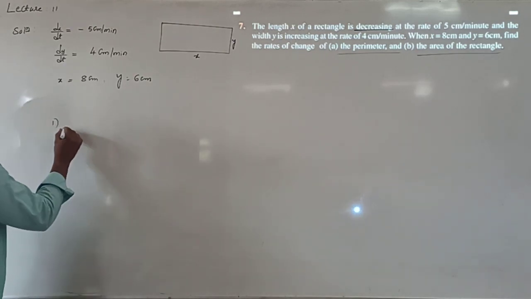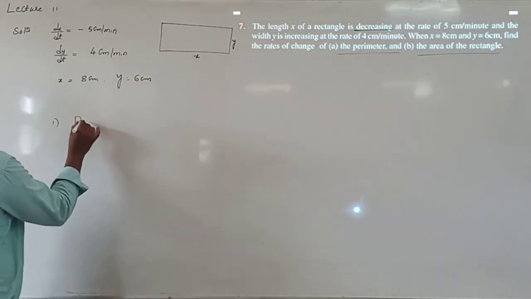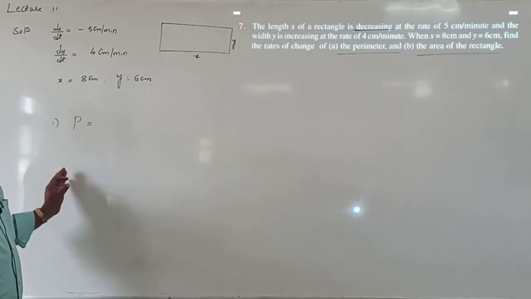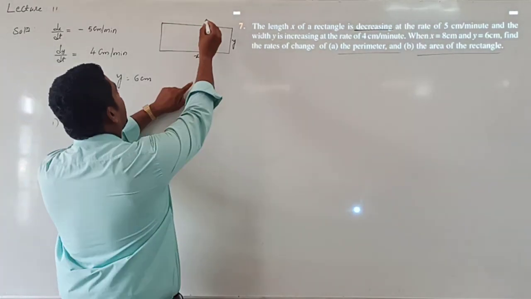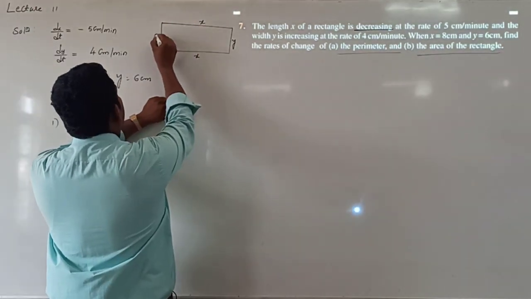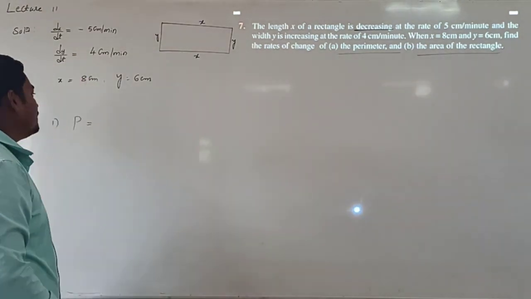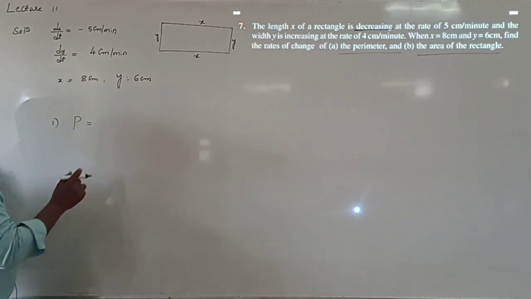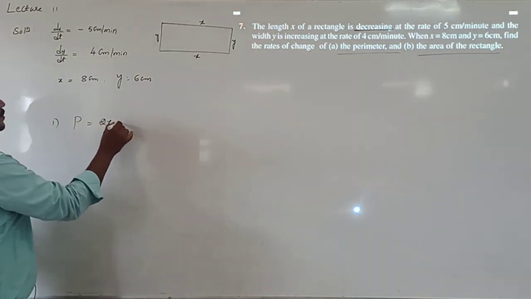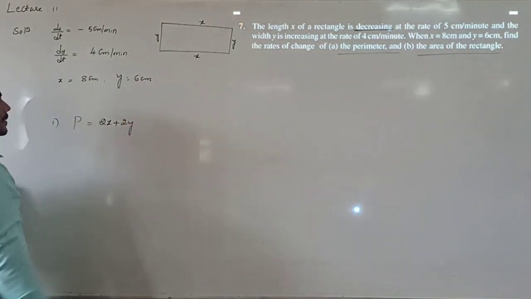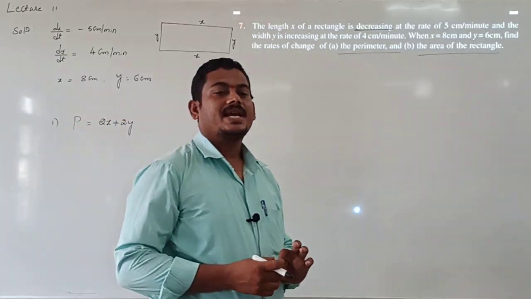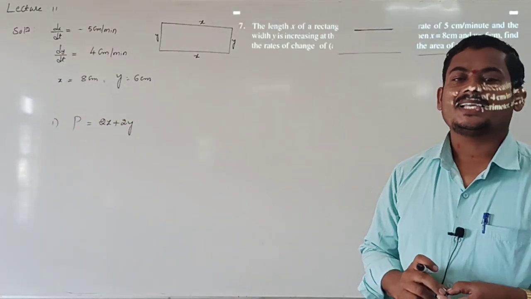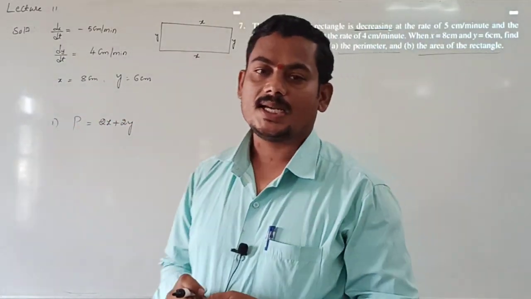Now first one, perimeter of the rectangle formula. In a rectangle opposite sides are equal. Then what is perimeter? x plus y plus x plus y means 2x plus 2y. Perimeter of the rectangle is equal to 2 times length plus 2 times breadth, right?